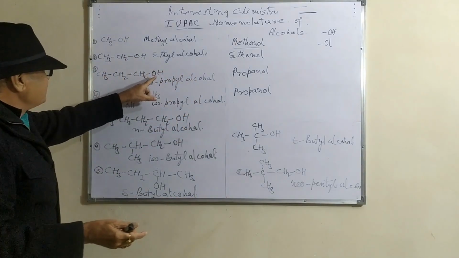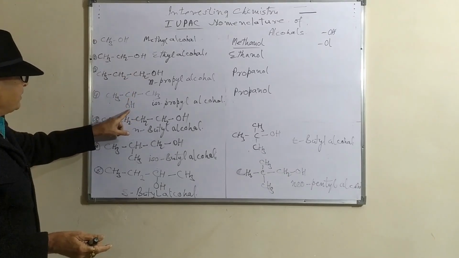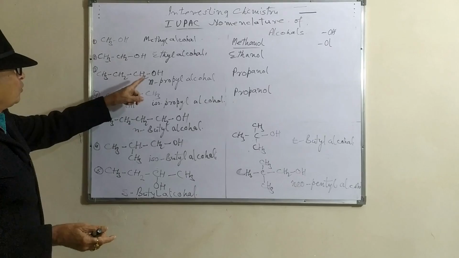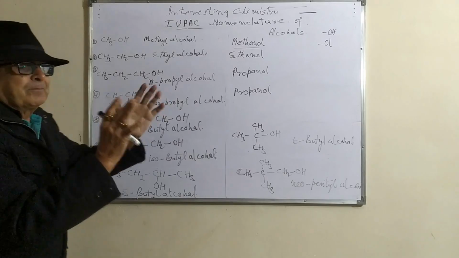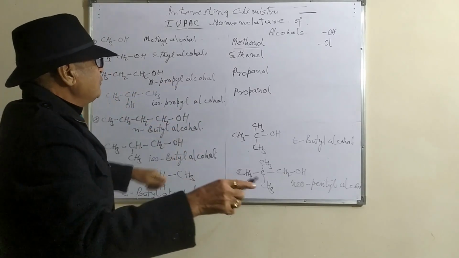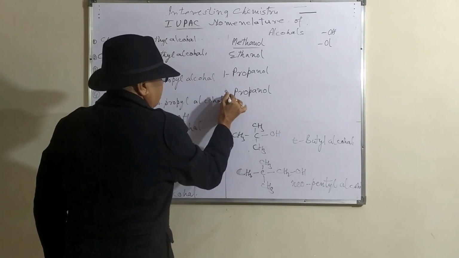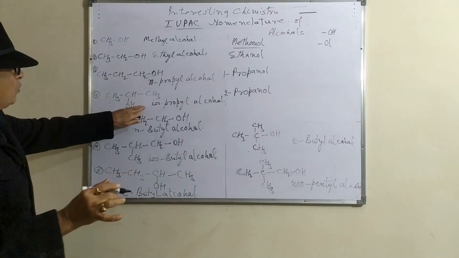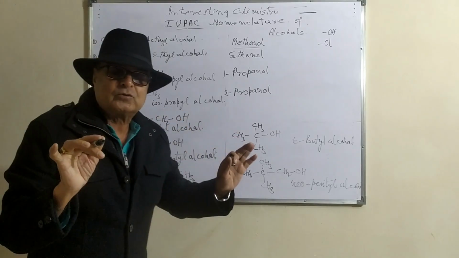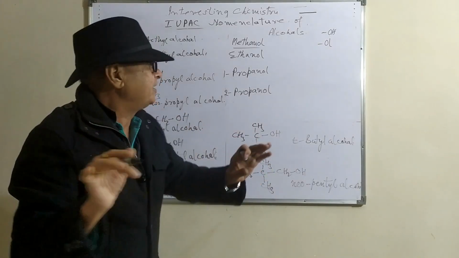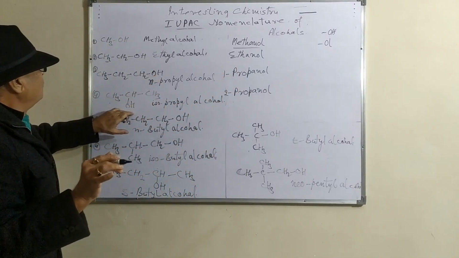Here the OH is located on the first carbon, and here the OH is located on the second carbon. So by showing the location of the OH on the longest chain, you can distinguish them: this is 1-propanol and this is 2-propanol. So show the position of OH.